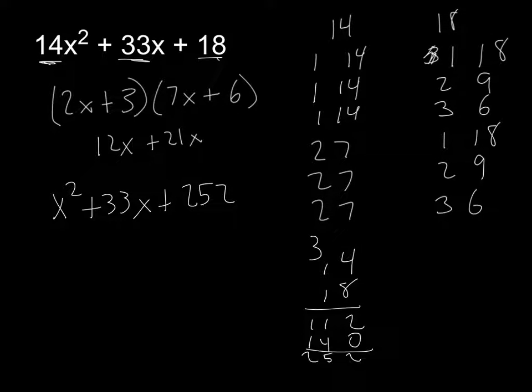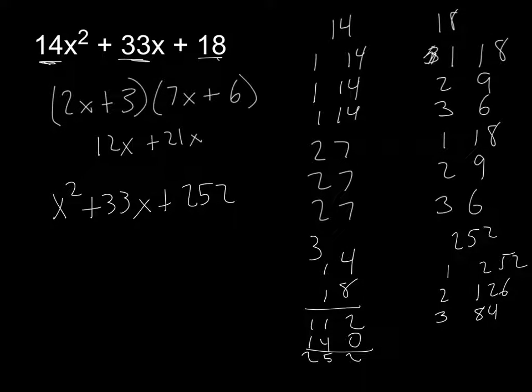You have to start listing the factors of 252, which would be 1 and 252, which definitely wouldn't work. Then you have 2 and 126. 3 goes into 252 84 times.